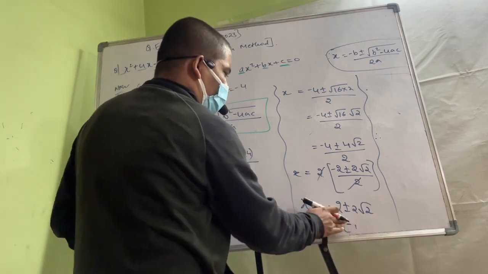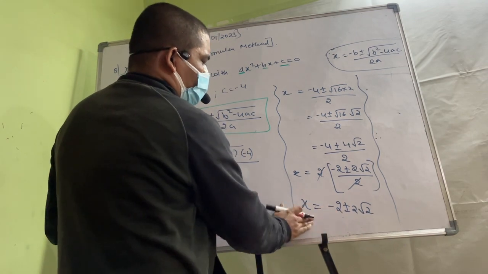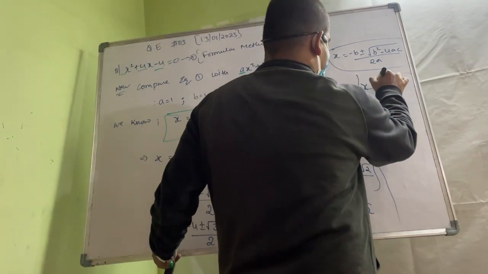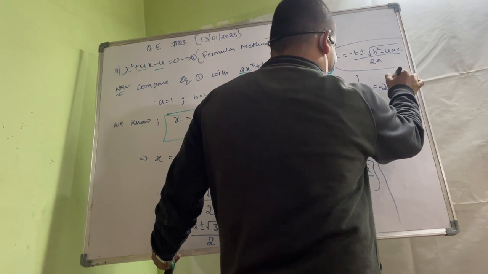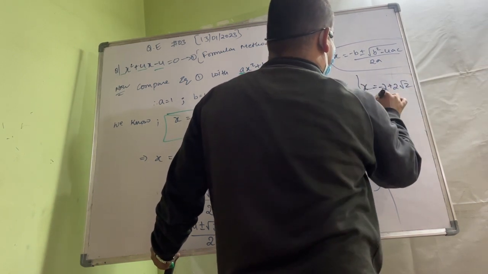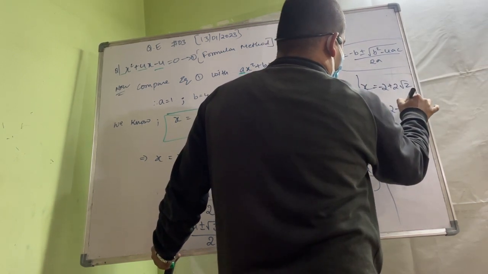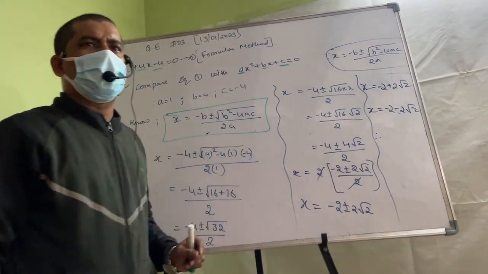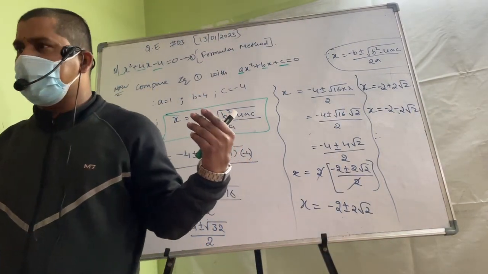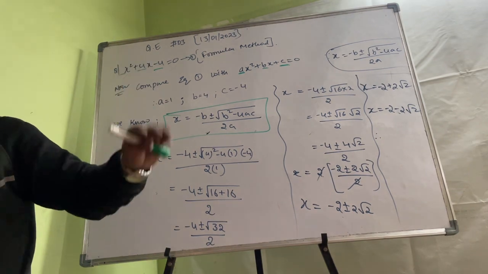However, root 2 is not going to be eliminated, so leave it. That only we will write. If root 2 were going to be eliminated, you could try to eliminate it. It's not possible, leave it. So we cannot eliminate root 2 by any means. So that's why we are leaving it as it is.